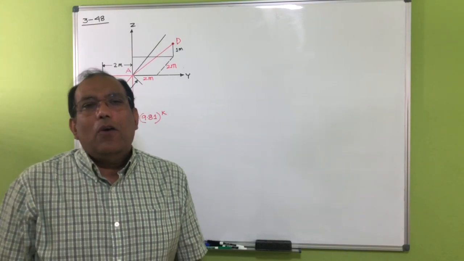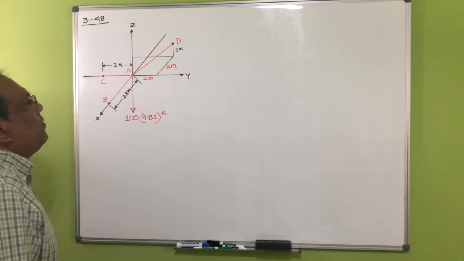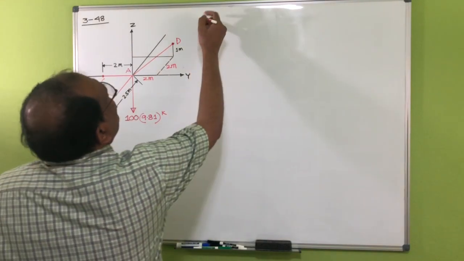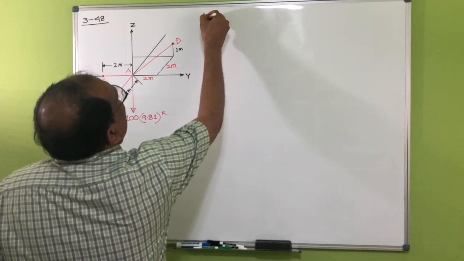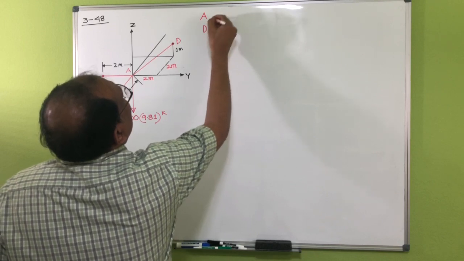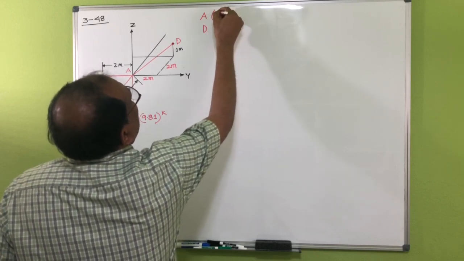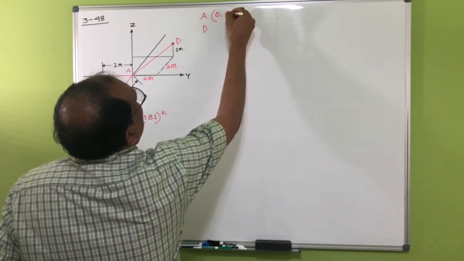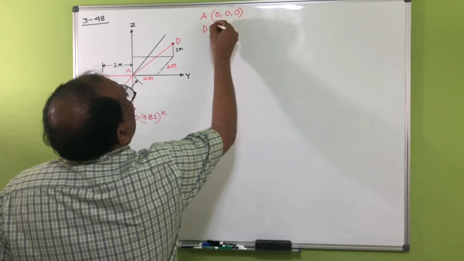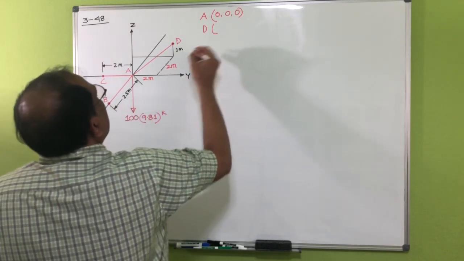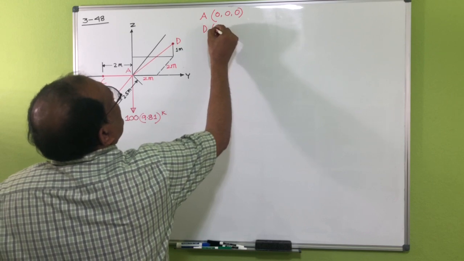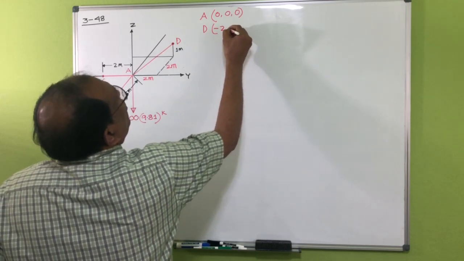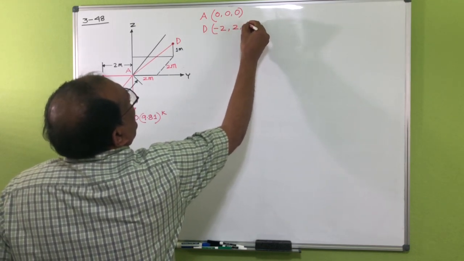Okay, now to find out the position vector from A to D, we need to know the coordinates of A and D. The coordinate of A is 0, 0, 0, and the coordinate of D is this way, minus 2, 2 and 1.